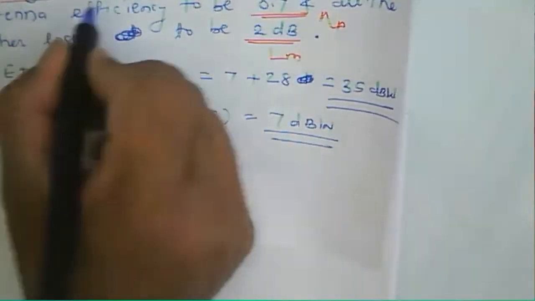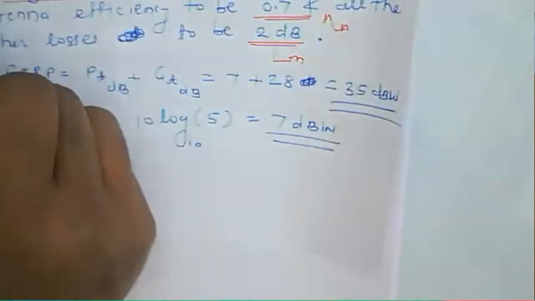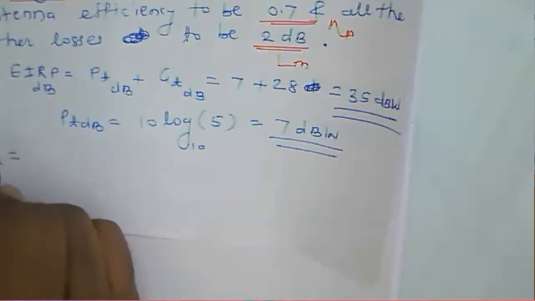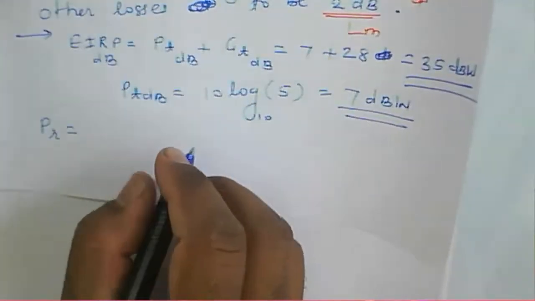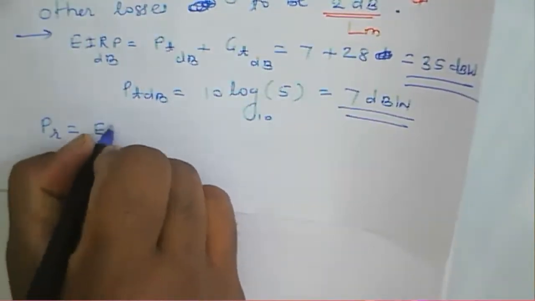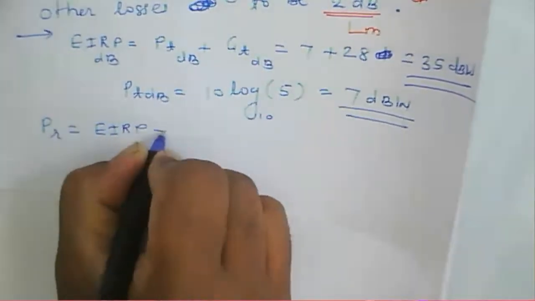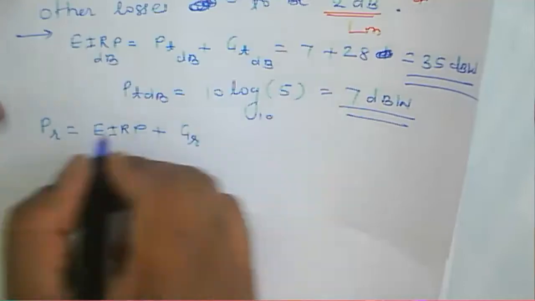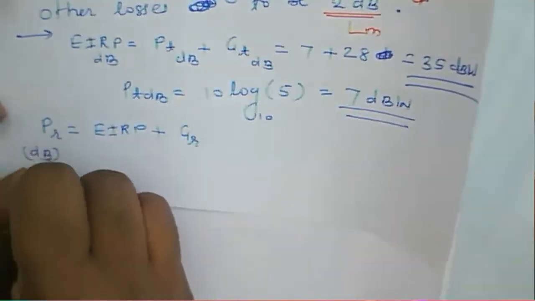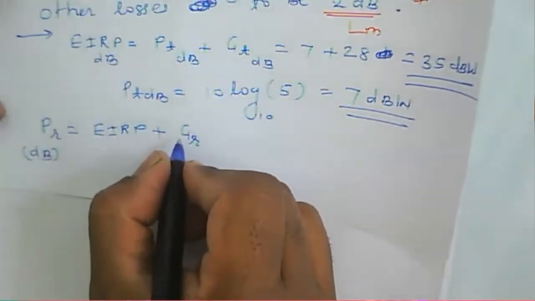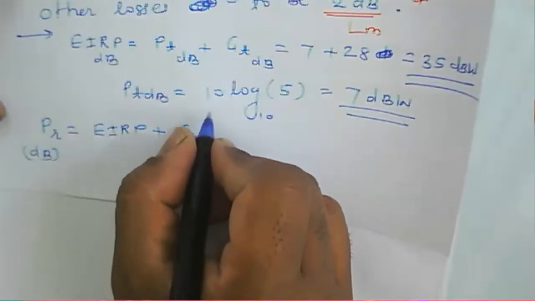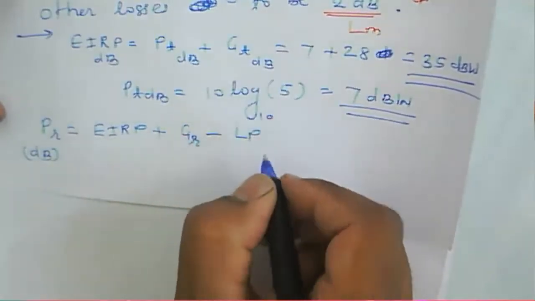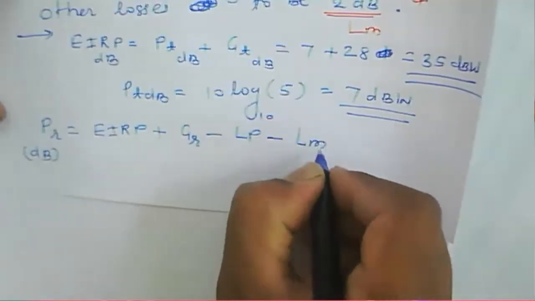Now next we need to find out the power received by the receiving station. So the power received, PR, is equal to EIRP plus the gain of the receiving antenna, that is again in dB, minus the path loss in dB, minus the system margin.